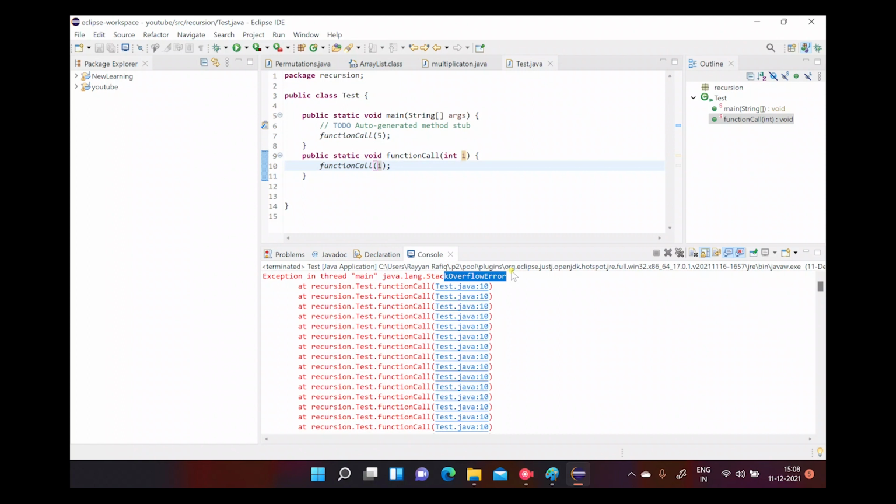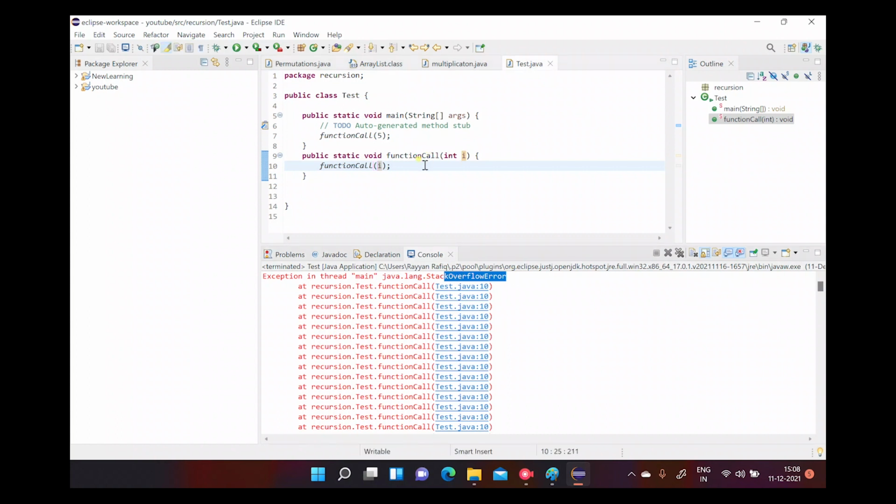This happens when the recursion keeps going in an endless loop, and there's something called stack memory where all the function calls are placed, and whenever a function is executed and completed, it comes out of the function stack memory. So this happens when the calls are stacked up again and again without completing, and the memory in the stack overflows. That's when the stack overflow error happens.